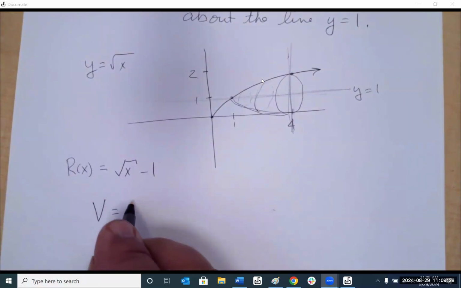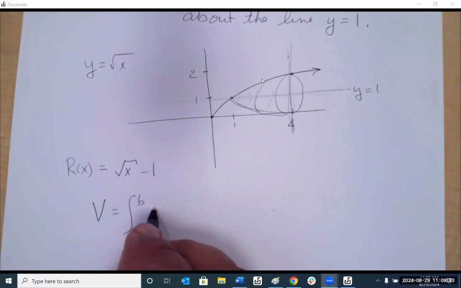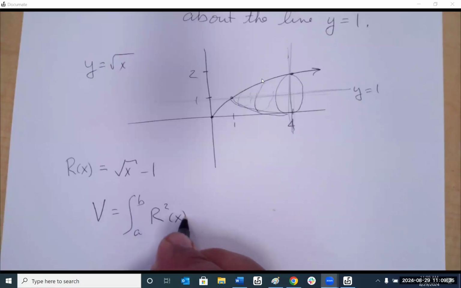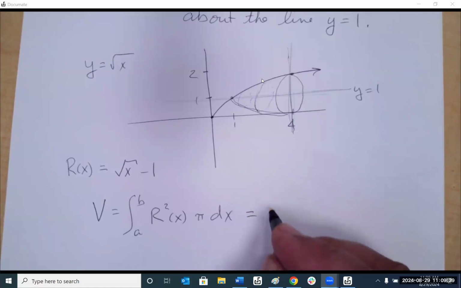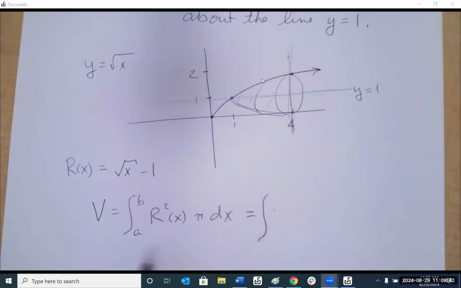So the volume formula we have from A to B, R squared x times pi dx. What are our bounds? Where are we going from and to?